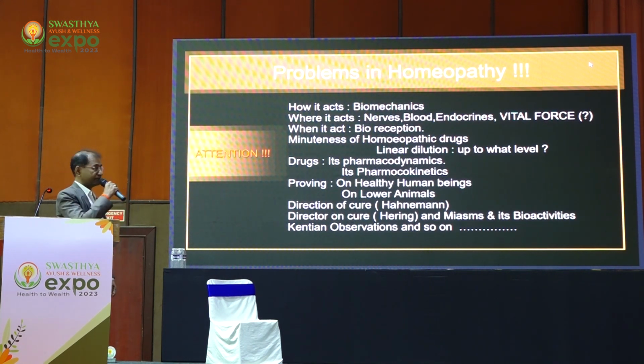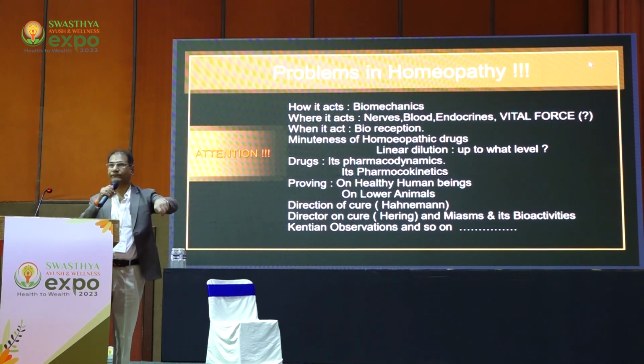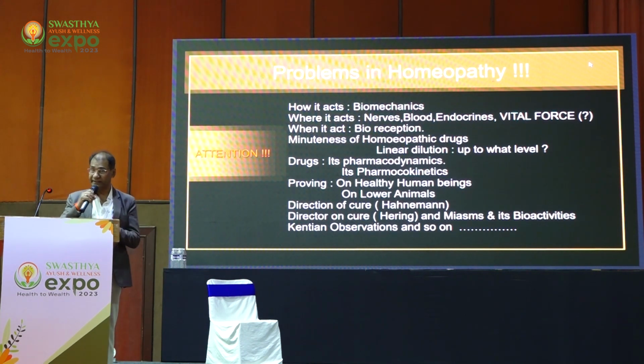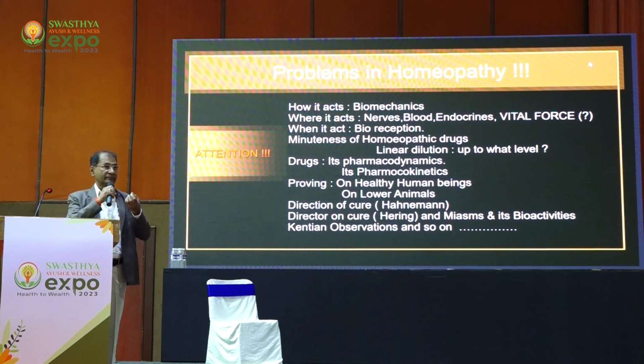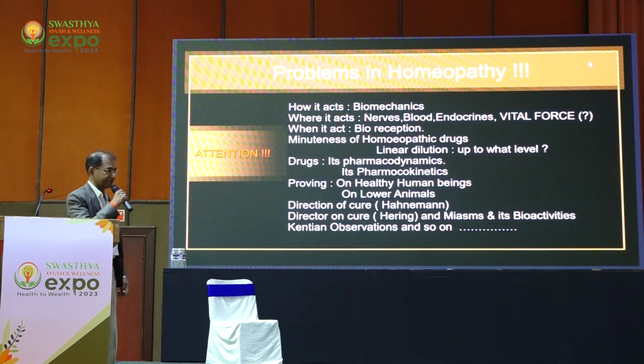Then the minuteness of homeopathic drugs. As you know, it is said that one teaspoonful of sugar in an ocean full of water, if we mix that, the dilution comes. But whether it is scientific, whether it is in line with medical education, we have to see that.